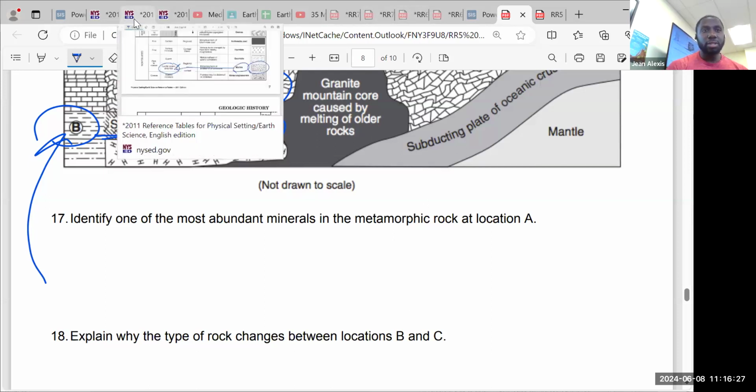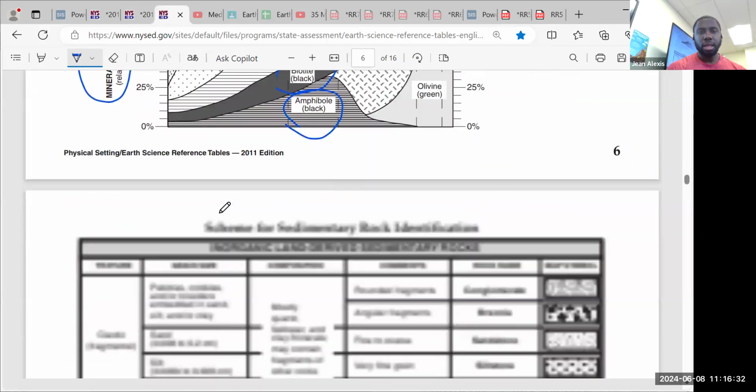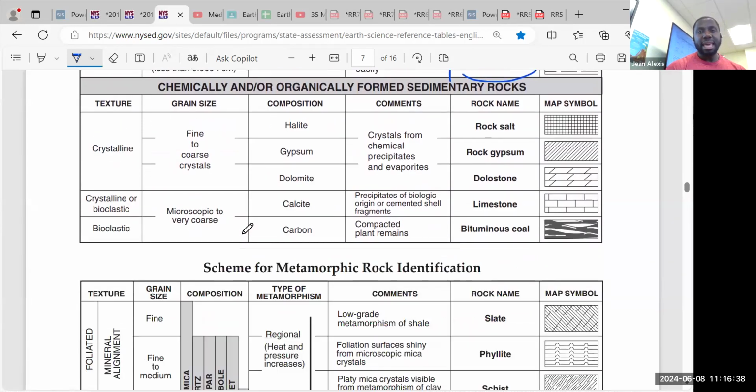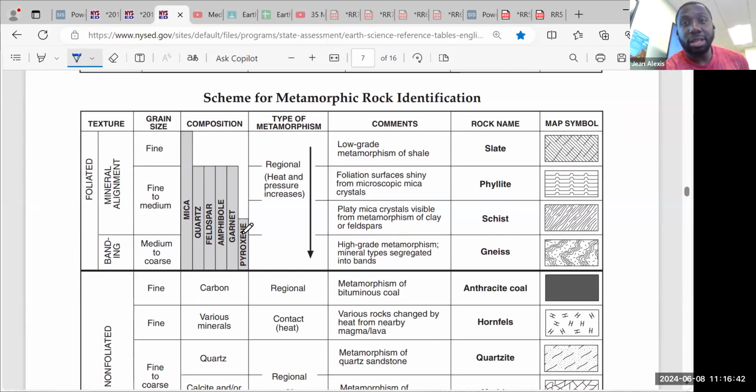Let's go to page 7, right? At rock B, I see shale. Then as I head from B to C, I see it in this order: you start with slate as 1, phyllite as 2, schist is 3, and gneiss is 4.